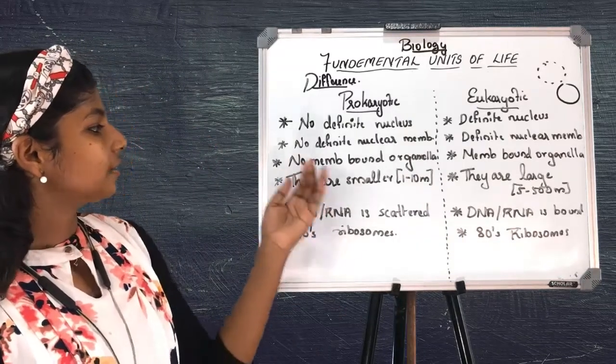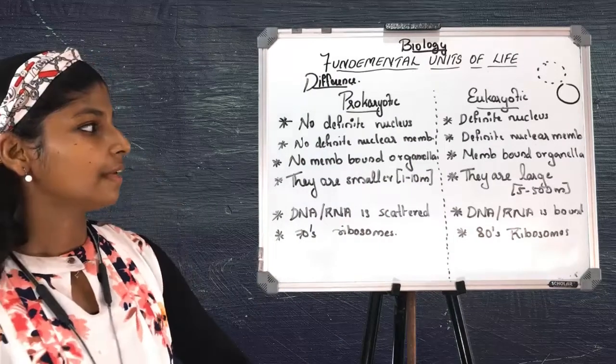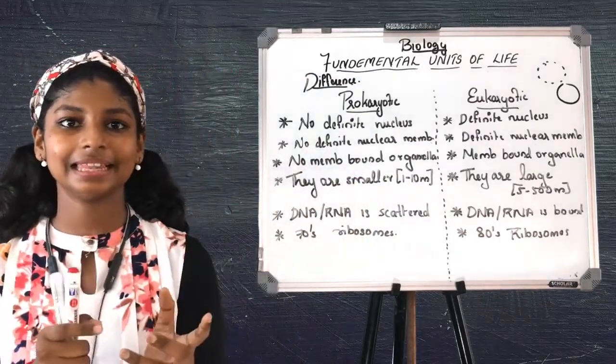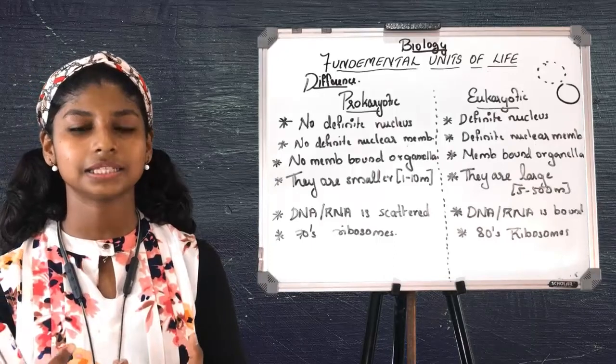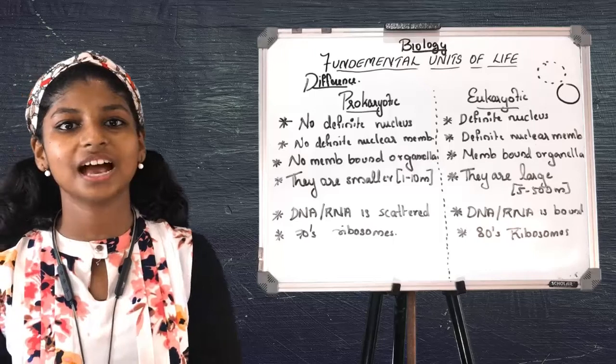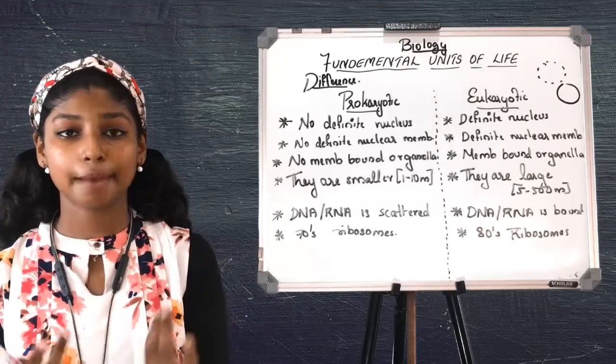Now, the third one is no membrane bound organelles. Here, the term organelles means the many parts inside the cell. Some of them are mitochondria, endoplasmic reticulum and ribosomes.